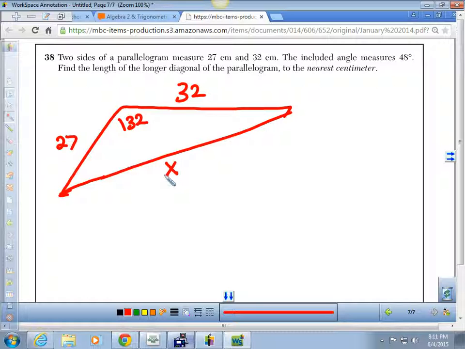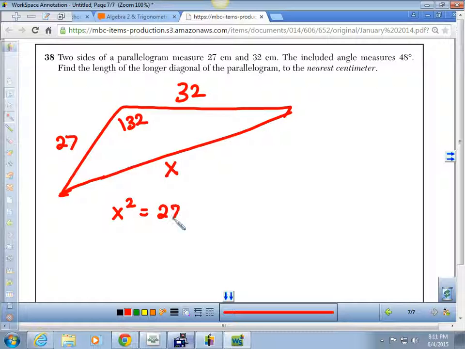I'd really like to use law of sines. Can we? No. So we have to use the law of cosines. What's x squared going to be equal to?